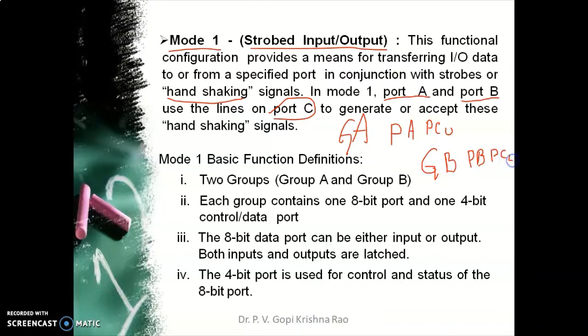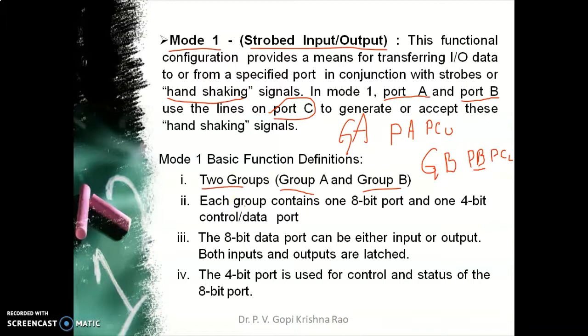So basically in this mode of operation you have only two groups, group A and group B. Group A with port C upper as control lines, group B with port C lower as control lines. Each group contains an 8-bit port and one 4-bit control and data port.